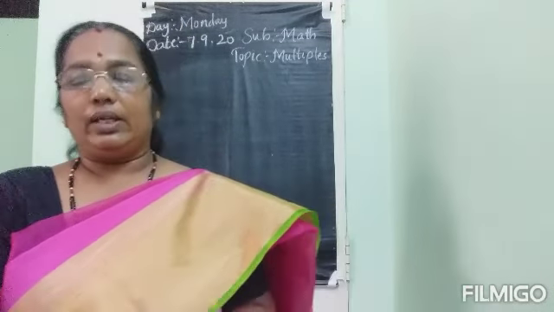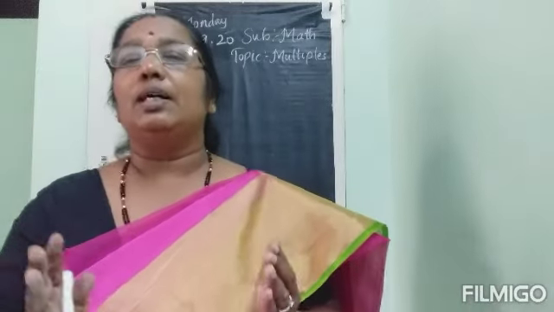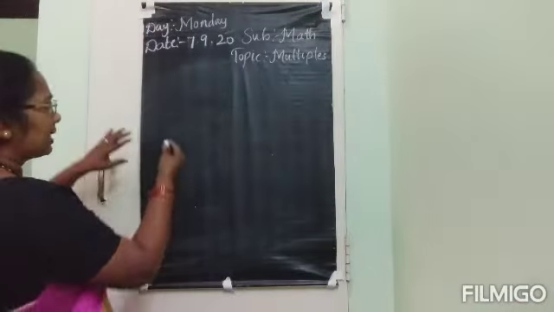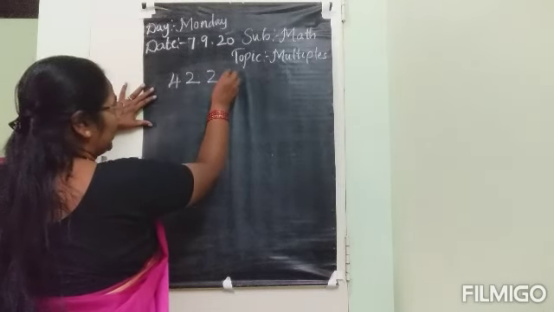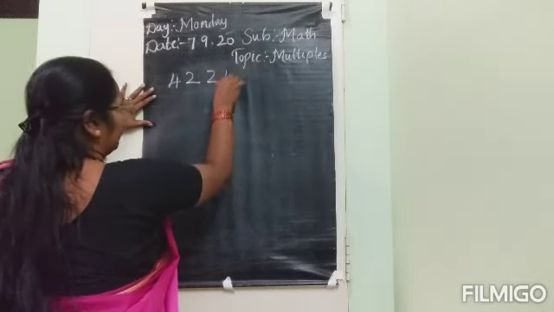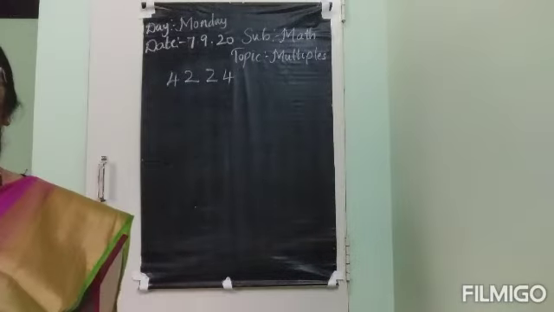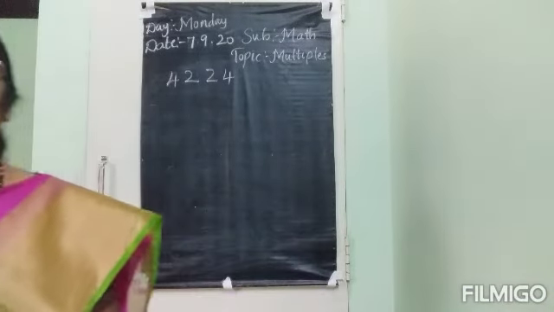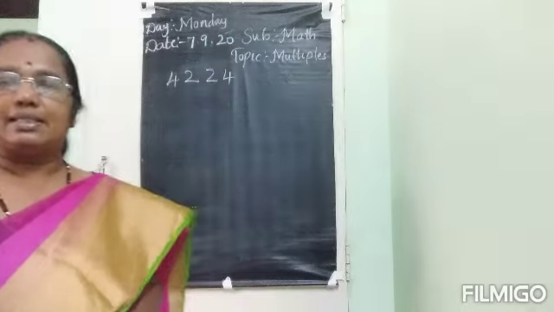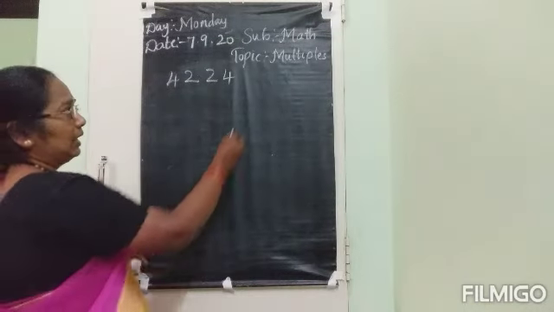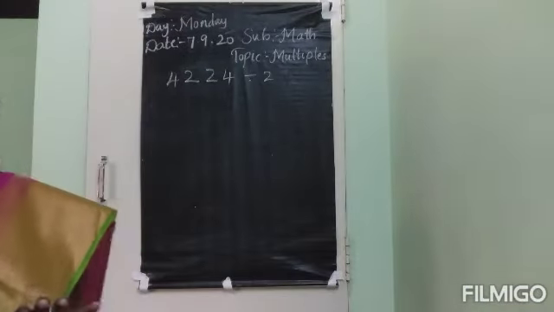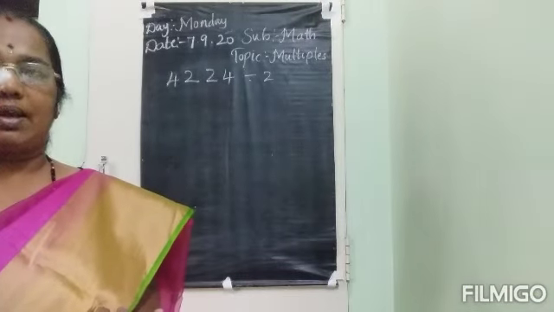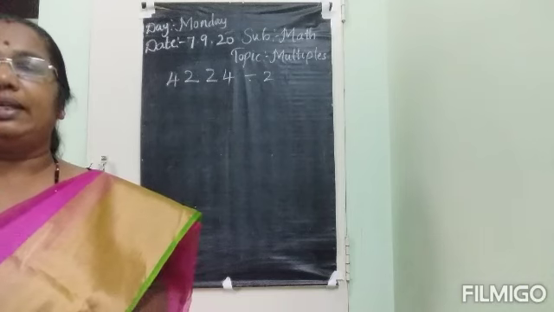Now, if I give you a bigger number, for example 4,224, and I ask whether it is divisible by 2 or not, then you have to put the tables and find out by dividing.